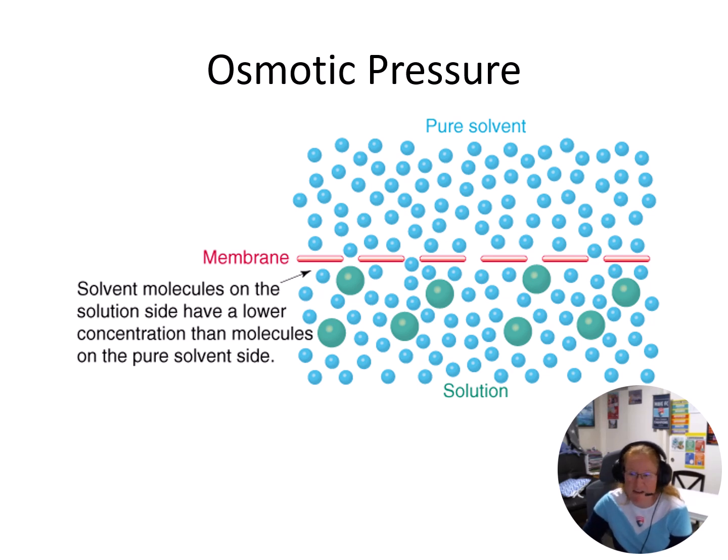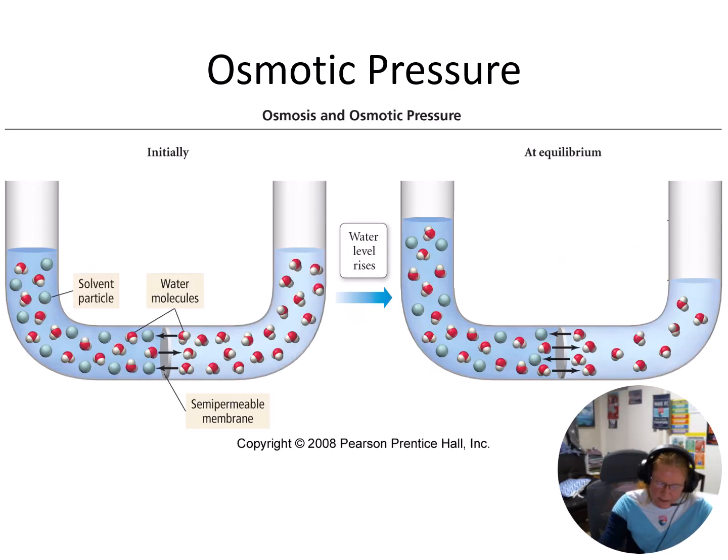I have a solution, I have a pure solvent. And so we have a concentration gradient difference. Because my solute particles can't get through that semipermeable membrane, the solvent flows between to equalize that pressure. Initially I've got my solvent and my solute, I've got my water, and it's going to move from one side or the other to equalize that pressure.